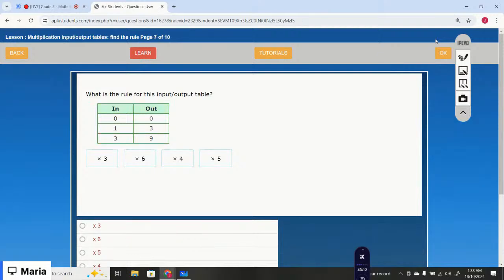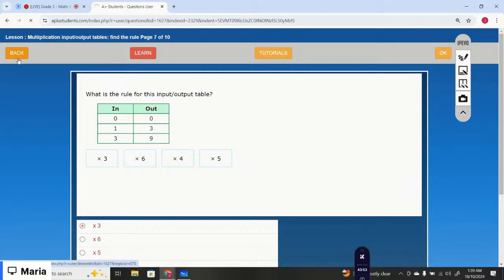What is the rule for input output table? Which is the correct option? You have to multiply by 3. Option number 1 is the correct option. Okay, you can complete the lesson by yourself later today.